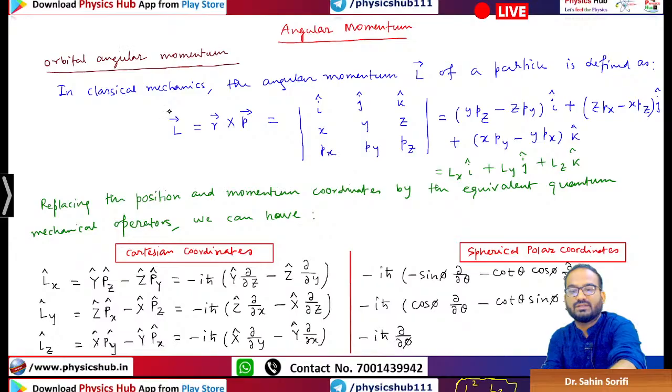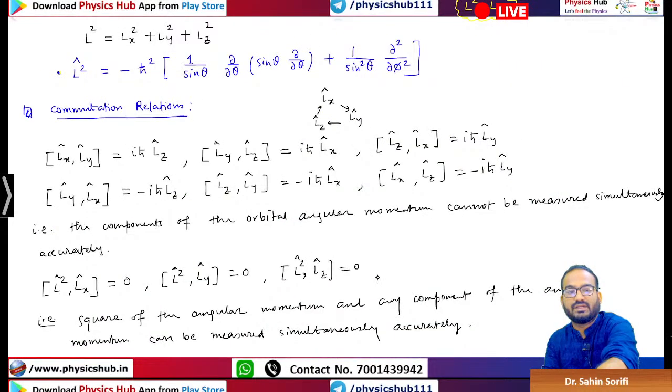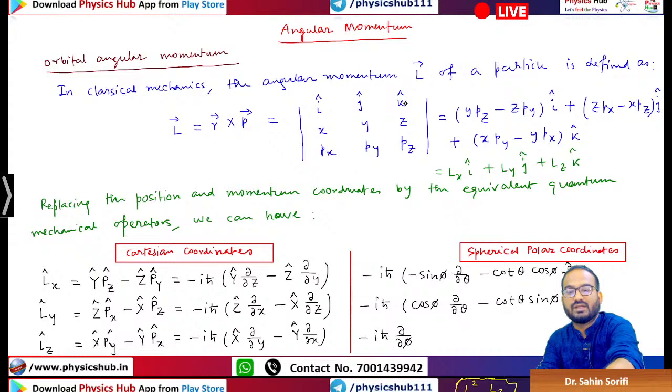Look, since we have seen that L square and Lz are dependent on theta and phi, L square depends on theta and phi, and Lz depends on phi. So let us talk about that.